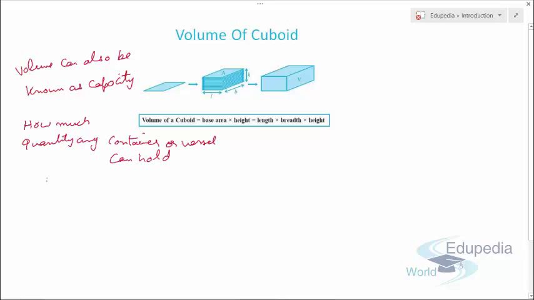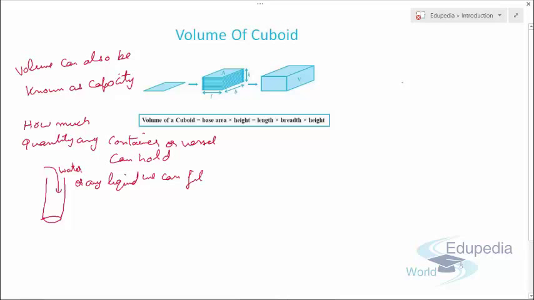Let's say we have a glass, or a cylinder like this. We can say how much water or any liquid we can fill, right? So that's volume, that's capacity.